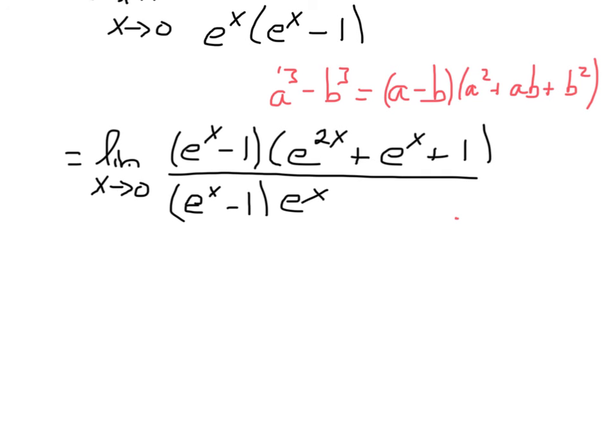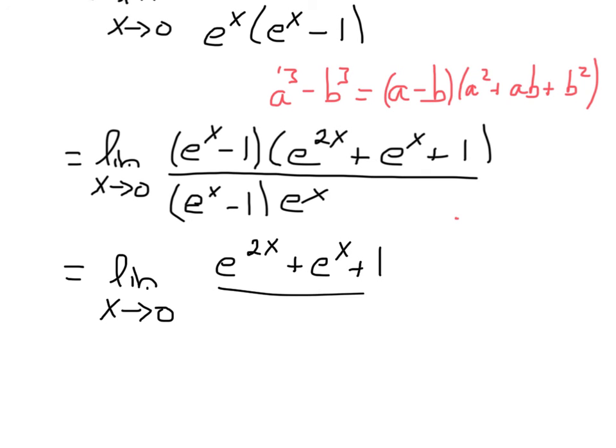All right, so this is equal to the limit as x tends to 0. Do our cancellation, and we'll just be left with e to the 2x plus e to the x plus 1, divided by e to the x.